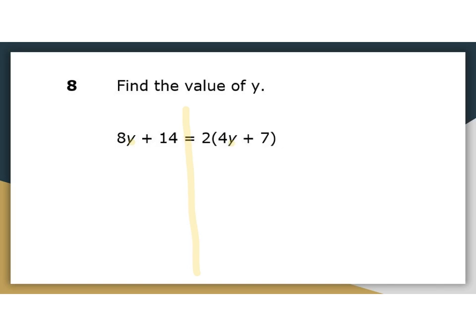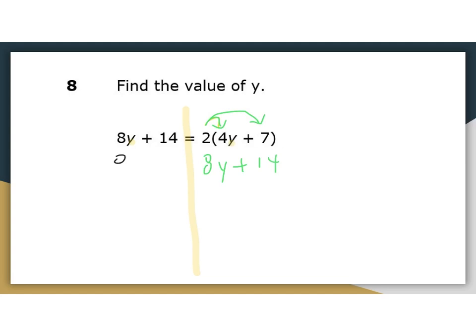I cannot move this one on the right just yet because it's in the parentheses, which means we have to go ahead and distribute that first. So this is going to be 2 times 4y and then 2 times 7. 2 times 4y leaves us with 8y, and then 2 times 7 is 14.